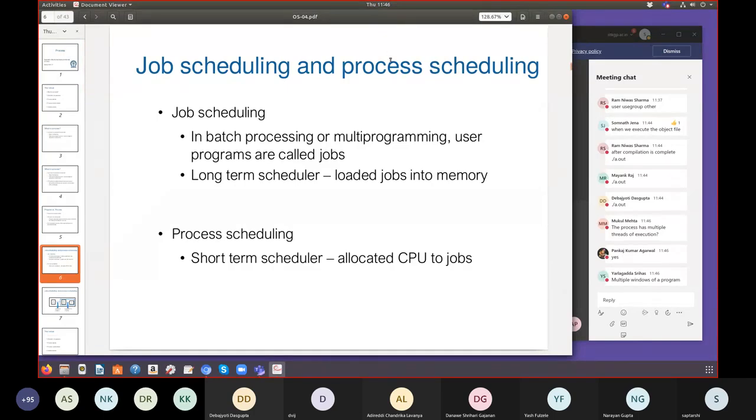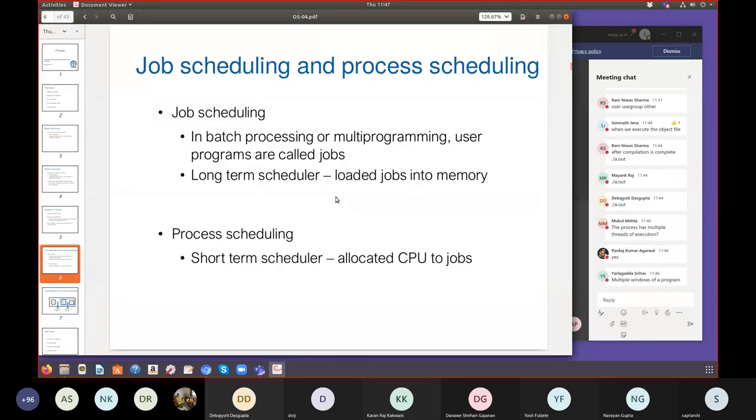This distinction comes from a bit of a historical perspective. So in earlier batch processing systems or multi-programming systems, we have discussed this, remember? Initial programs were called jobs, right? And there was this concept of loading a job into memory. That was usually done by a long-term scheduler.